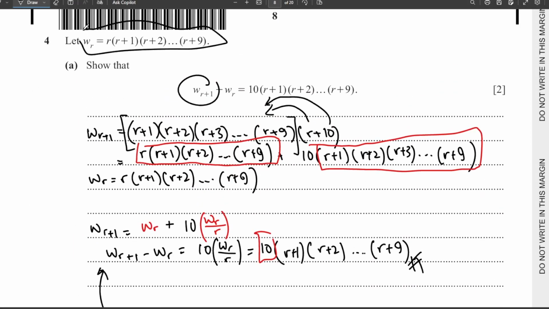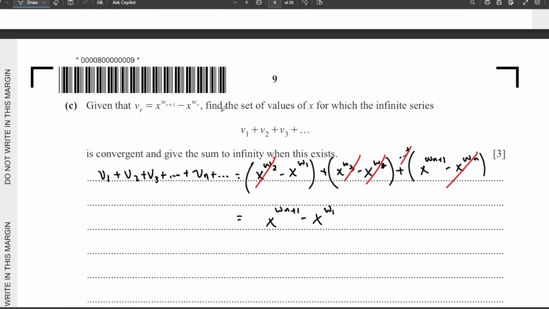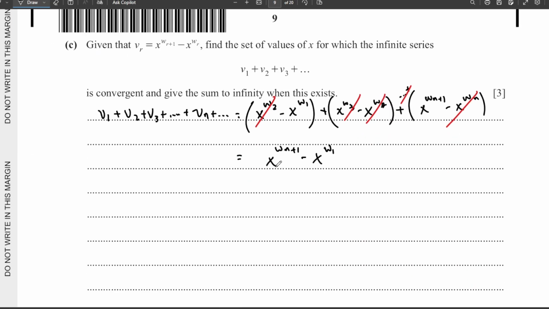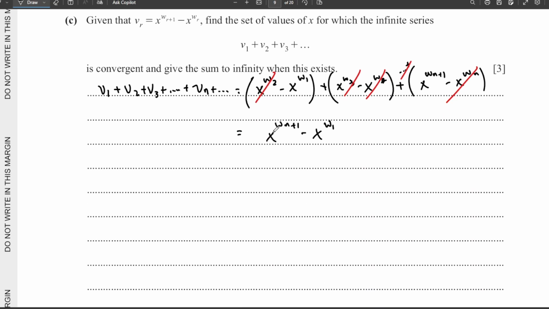So anything to the power of a very large number, this will not converge if x is not between 0 and 1.